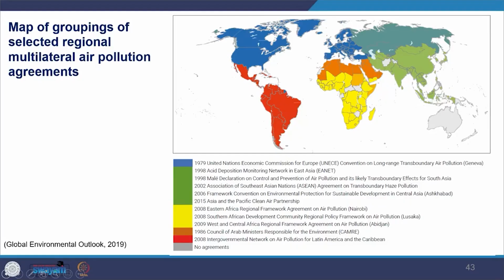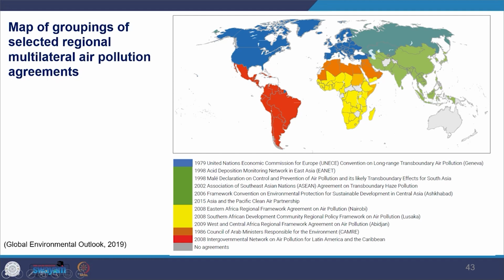and regional international agreements. So in this figure you can see how all the policies vary across the countries. The oldest and the most developed is the 1979 Convention on Long Range Transboundary Air Pollution, and then you also see the Russian Federation and Central Asia overlaps with the grouping of agreements under the umbrella of the Asia and Pacific Clean Air Partnership.